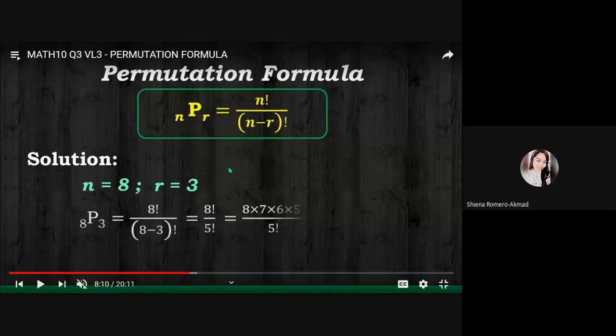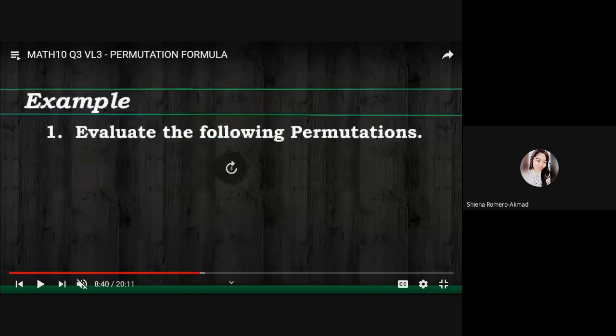So yung solution natin kanina ay 8 yung n, ang r ay 3. Substitute that, you'll get 8 factorial divided by 5 factorial, which is equal to 8 times 7 times 6 times 5 factorial divided by 5 factorial. And cancel, we'll have 336 ways to choose 3 from 8 objects.